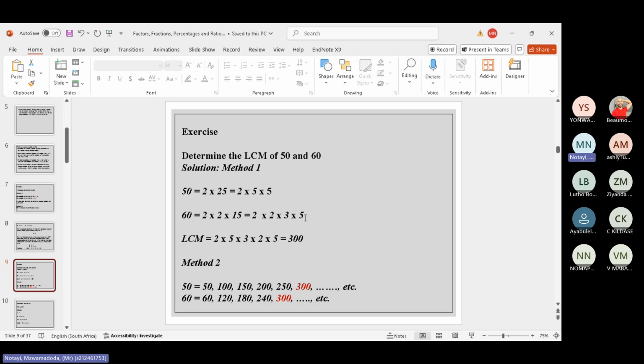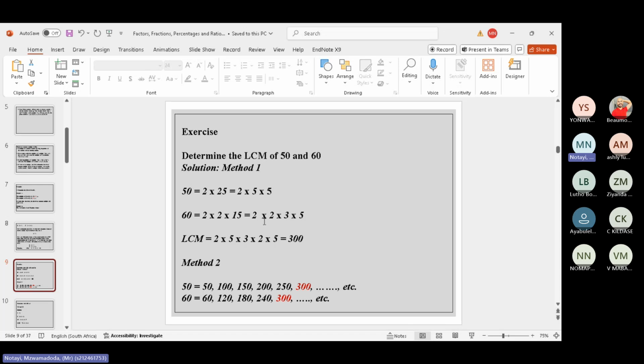Therefore, the LCM is equal to 2 times 5 times 5. You take the whole thing, 2 times 5 times 5, and then go to the second number, 60. We have 2 fives in the first number, so 2 times 5 times 5, and then multiplied by, we have already written down one 2 of the second number, so you don't have to include that.